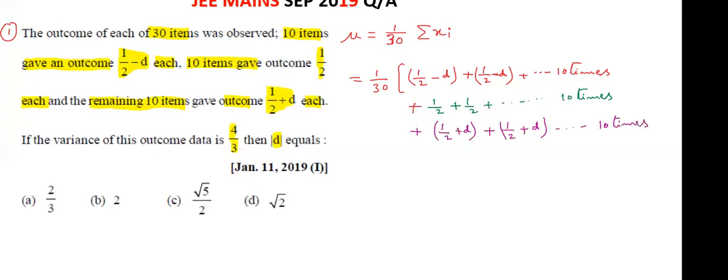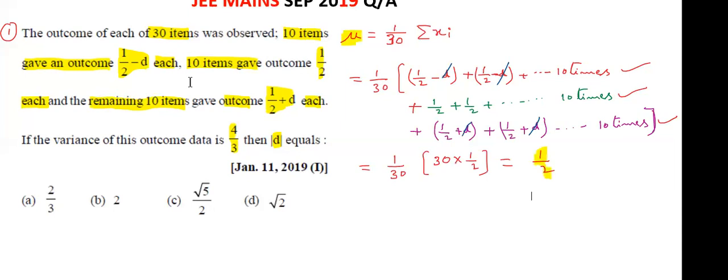So here observe that plus d and minus d repeated 10 times each will cancel. Now the remaining is 1/2, 10 times, 10 times, and 10 times, overall 30 times. 1/30 into 30 times 1/2. Now 30 cancels. What we got? Mean mu is equal to 1/2.